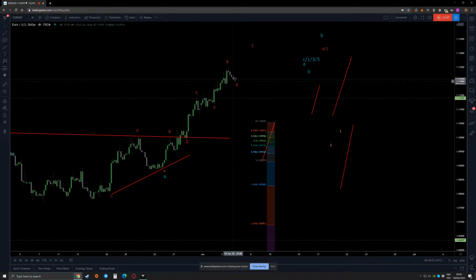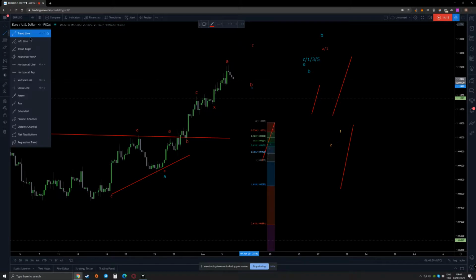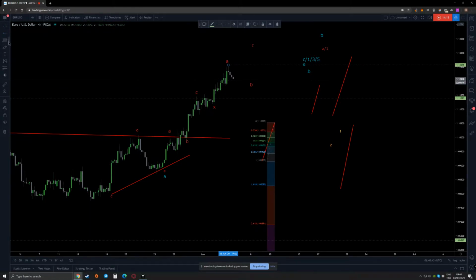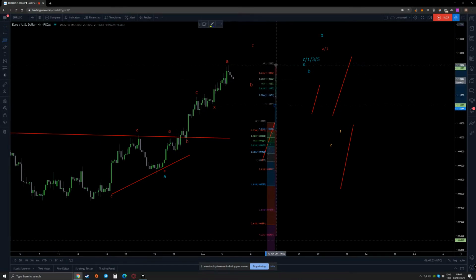Also, I would like to see this time again and again, the same idea, if it's really a zigzag. If this wave A comes down more, let's go like this, horizontal ray here, where supposedly wave A ended here. What I would do is drop the fib and see how the market is going.